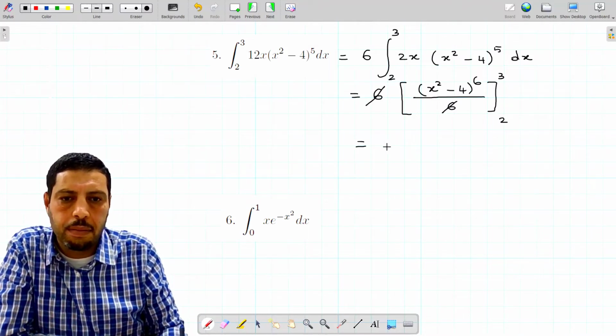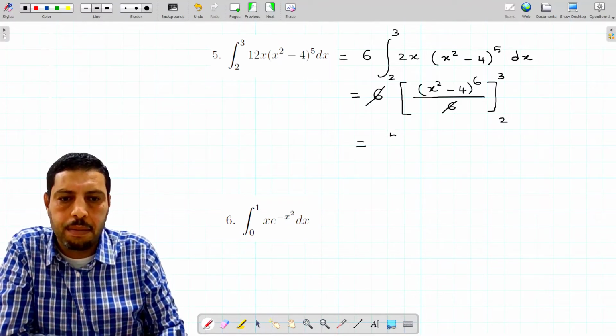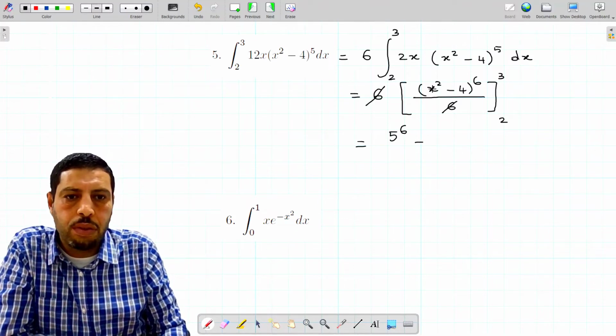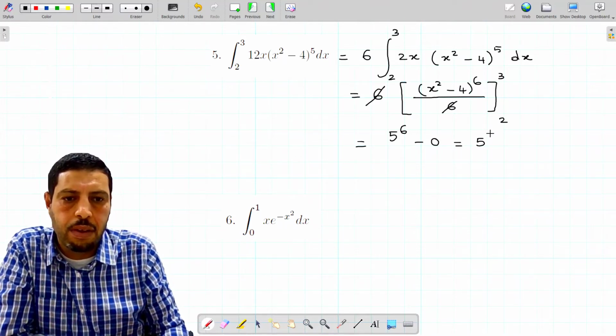It gives x squared minus 4 to the power of 6 between 2 and 3. At 3, it gives 9 minus 4, which is 5, to the power of 6, minus 2 squared, which is 4. 4 minus 4 is 0 to the power of 6 is 0. So it's 5 to the power of 6 minus 0, which is 5 to the power of 6.